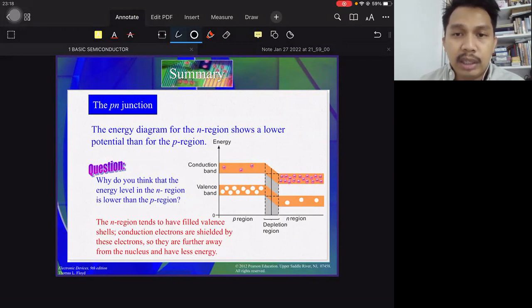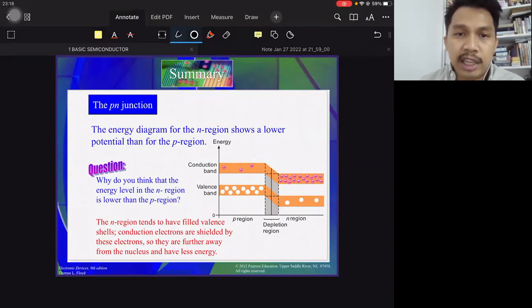At this point, the junction is at equilibrium and the depletion region is complete because diffusion has ceased. There is an energy gradient across the depletion region which acts as an energy hill that an N region electron must climb to get to the P region.